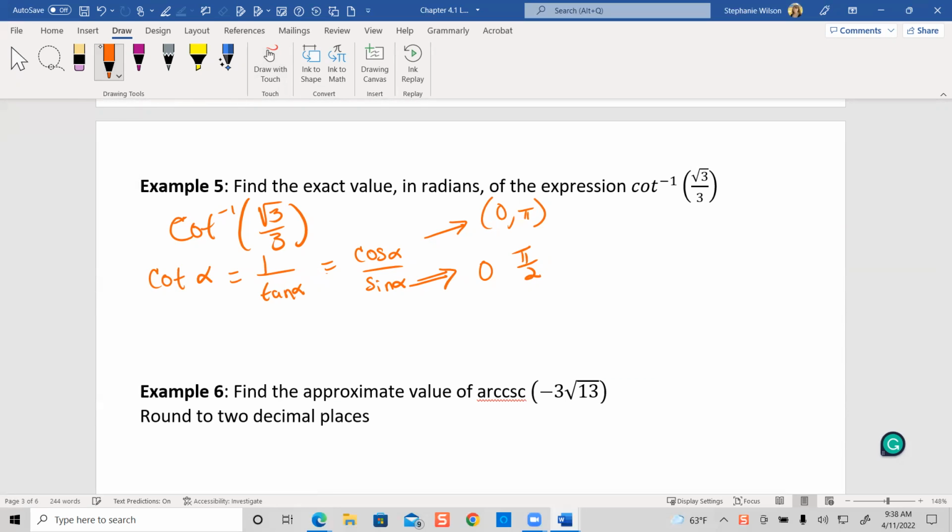Okay, so knowing that, let's go a little further. Now we're going to go up there and grab the identities of cotangent. And this is the identity we get based upon the information given. And now I can plug in what I know. Well, we know x is going to be square root of 3/3. I'm going to plug it in.